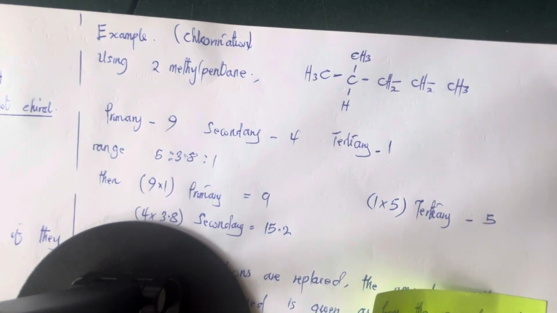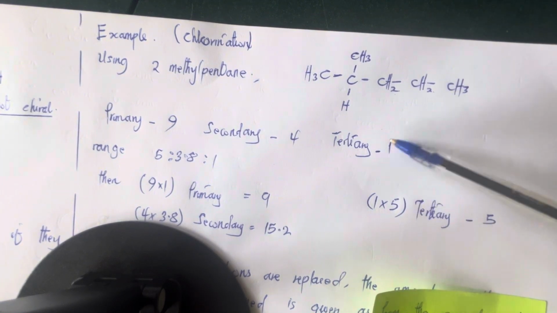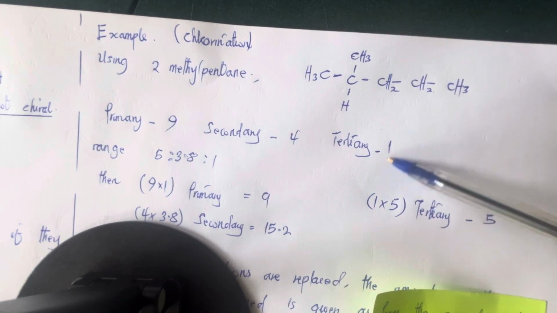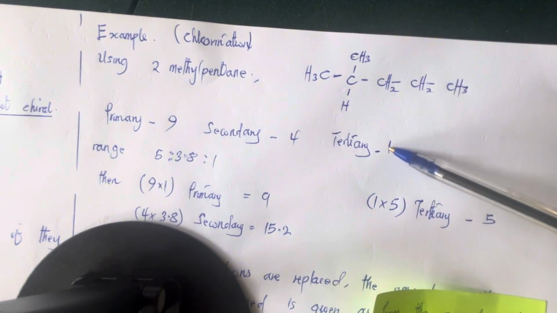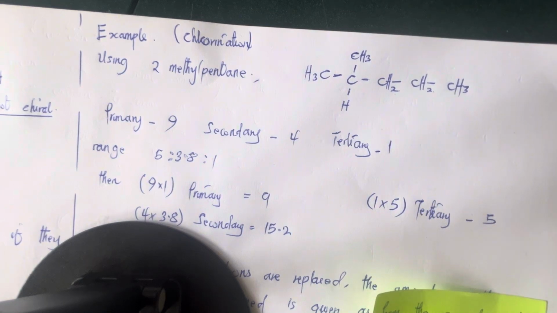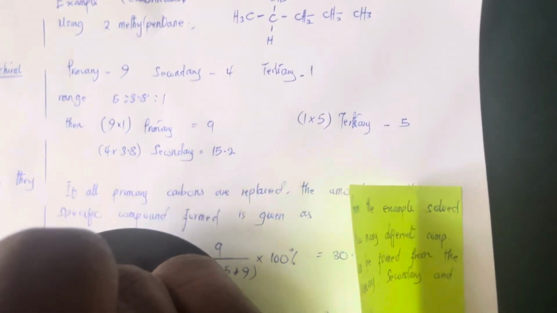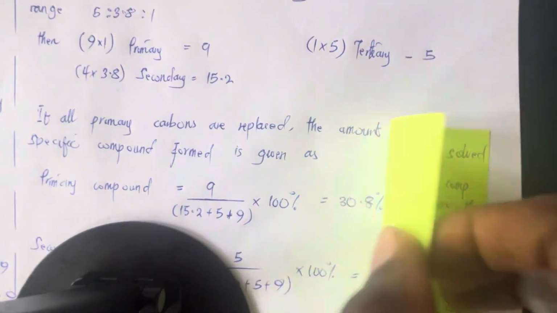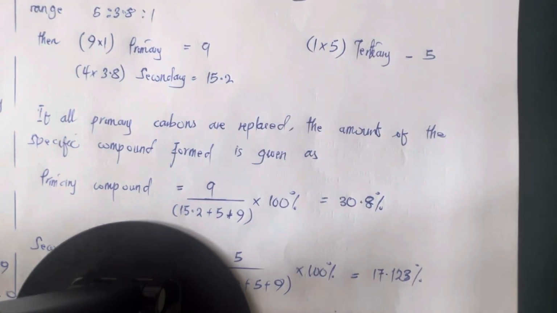And our tertiary hydrogen is 1. We are having only 1 tertiary hydrogen, which is this one. Okay, let me remove this thing because this is just a reminder. I'll later let you know what it's about.